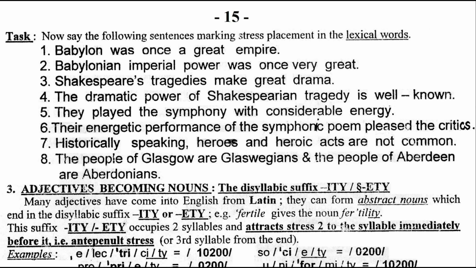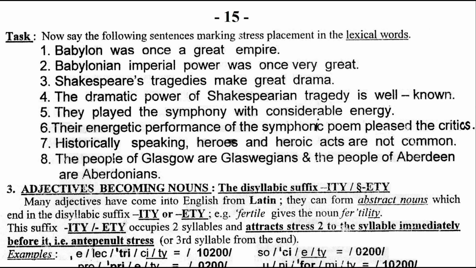Symphony is a noun and it is stressed on the first syllable, sym. With is a preposition. We do not stress it. We leave it. Considerable. So this word has a suffix, but which type of suffix is it? It is the suffix able, which is a neutral or weak suffix, so it does not affect the stress placement.